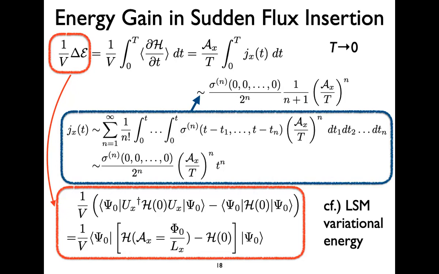So now this energy increase. The logic is exactly the same as in the adiabatic limit, but the actual value of the energy increase is different. In this case, it's given by this difference in the expectation value.